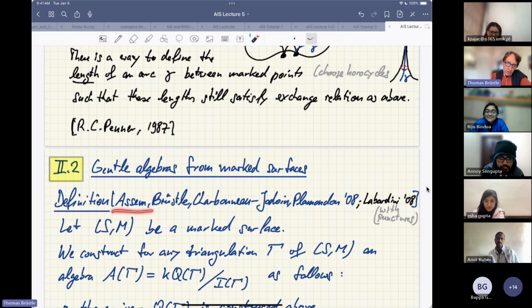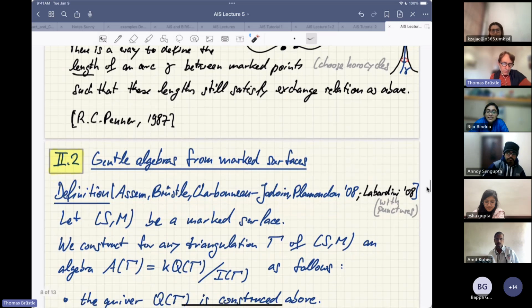Assem was the one who invented gentle algebra, so this goes in the right direction. And at the time, two of our students, Gabriel Charbonneau-Chaudouin and Pierre-Guy Plamondon, and it has been done also by Daniel Labadini in a more complicated case when you allow punctures in your surface. So we consider the unpunctured case.